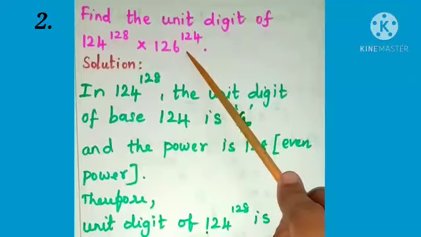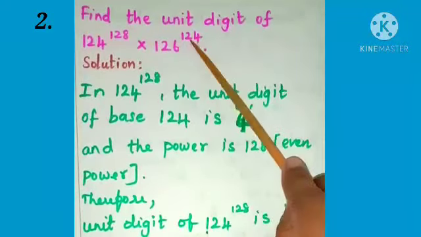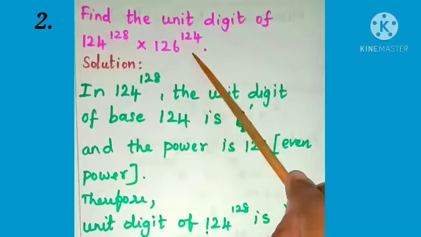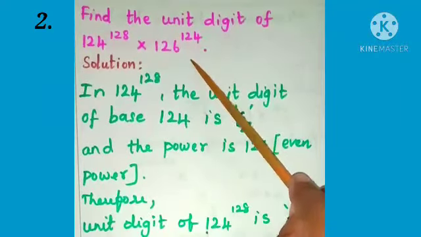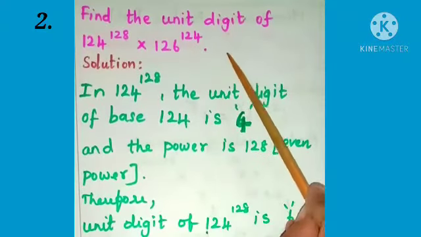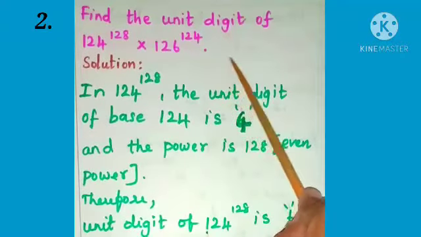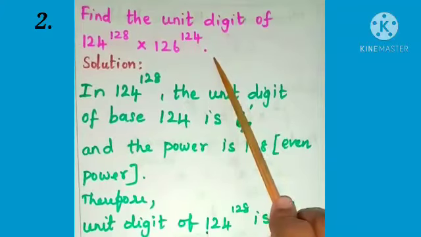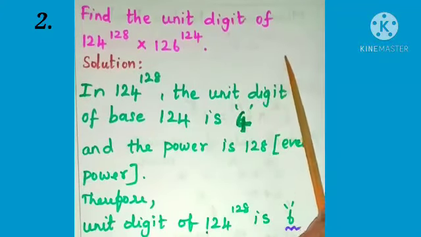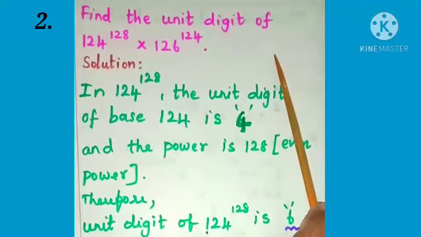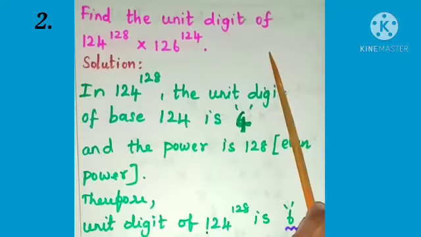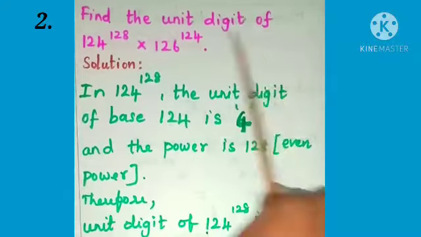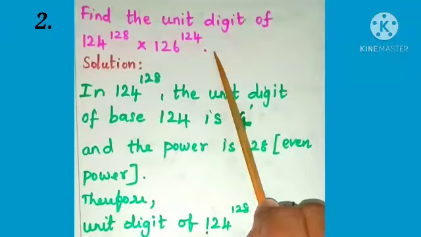And also we know that when the power is even, the unit digit of a base ending with 6 is 6. So, finally, we have to take the product of these unit digits. We get 6 into 6 as 36. Again, we can note that 6 is the unit digit. Thus, the unit digit of the product is 6.